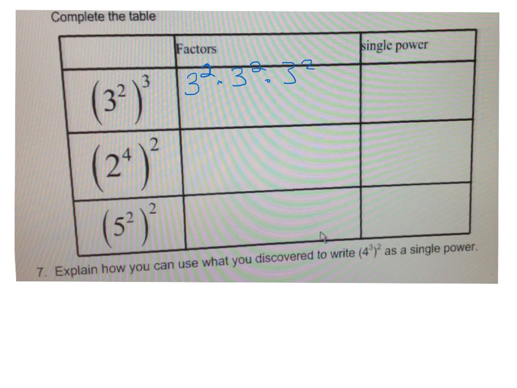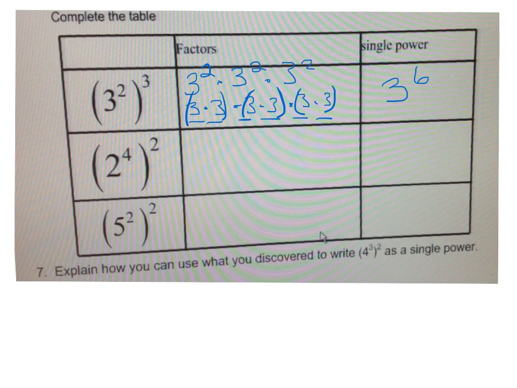Let's expand it. 3 squared is 3 times 3, so we have 3 times 3 times 3 times 3 times 3 times 3. And what do we end up with? We've got the base of 3 being used as a factor 1, 2, 3, 4, 5, 6 times, so 3 to the 6th power.